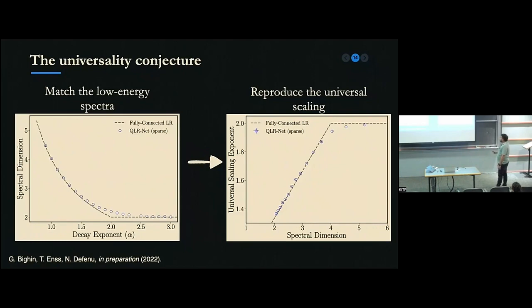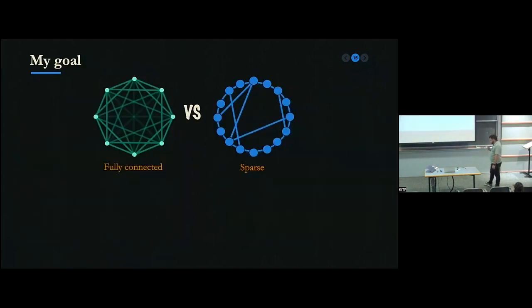Okay, so this matches, and we're pretty happy about it. What I tried to convince you of during this talk, and what will be my goal of the near future, is to convince you that not only fully connected long-range interactions are interesting, but that most of their phenomenology can be reproduced in a network which is, in my opinion, nearest neighbor, because if you look at these matrices, they are only 1s and 0s.